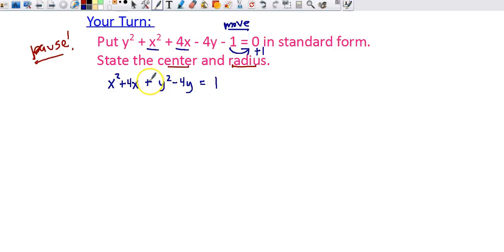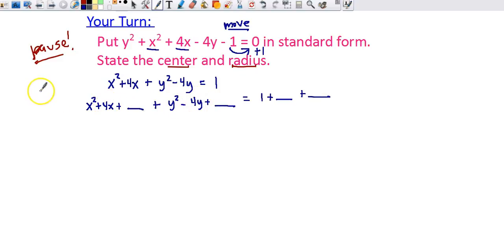Next step is to complete the square. So here's my framework for it. You notice how I have 2 blanks because I do have a number times y.